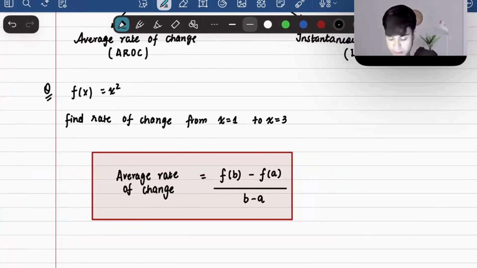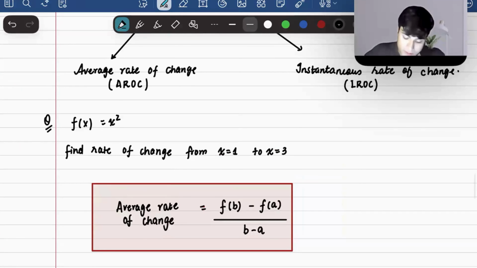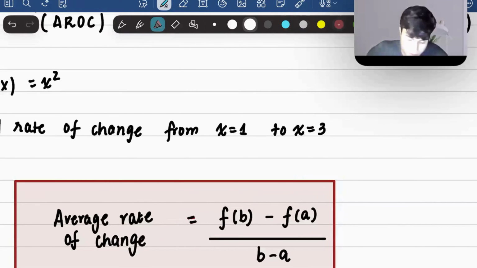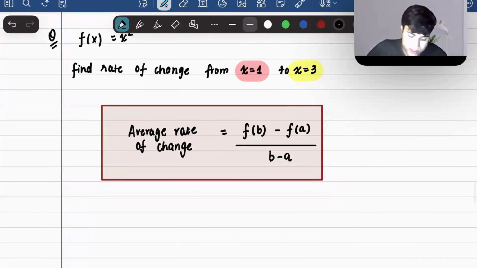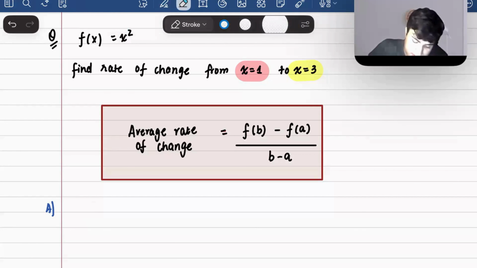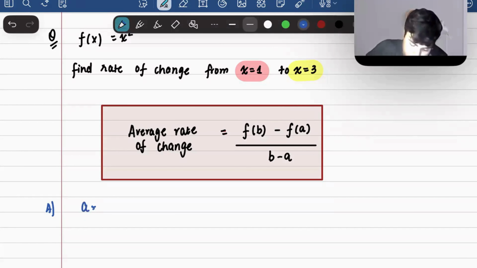Now, what is b? What is a? B and a are given in the question: the input value 1 and the input value 2, 1 and 3. That's given in the question, right? So we know the values a and b. Let's take a equals 1 and b equals 3.